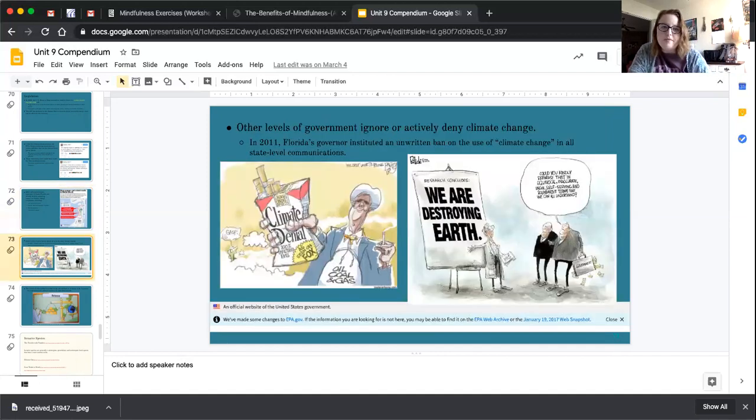Yeah, in 2011, the Florida governor instituted a written ban on the use of the words climate change in all state level communication. And I think this is a story we've heard before in this class, right? Hopefully you are sitting here like, this sounds kind of like the thing with unleaded gasoline, where the tetraethyl lead companies had a vested interest in keeping tetraethyl lead as an additive in gasoline, and they fought it tooth and nail, and eventually they lost.